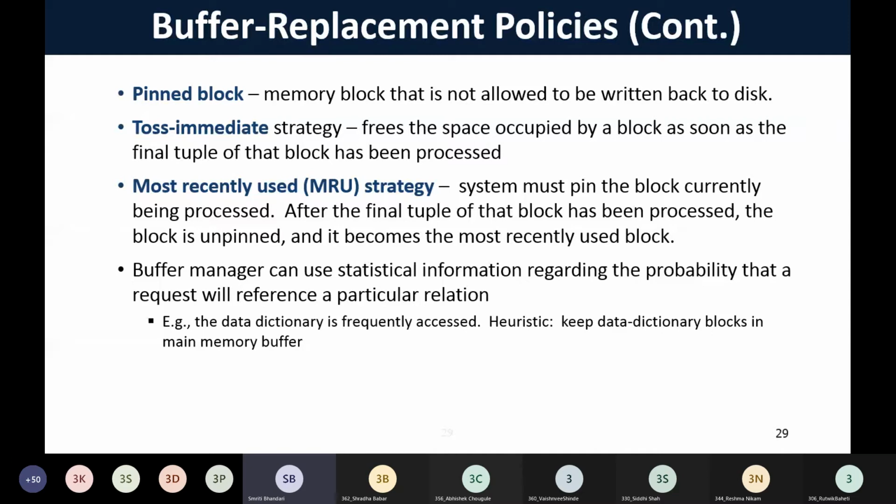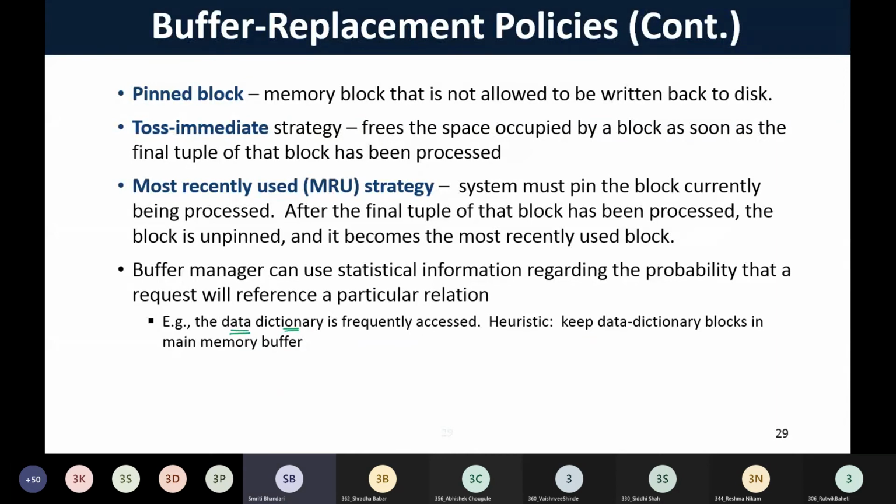Right? So that is the difference in the buffer replacement policies used by the operating system and by the database management system. The buffer manager may use some statistical information regarding the probability that a request will reference a particular relation. Say, for example, we know the concept of the data dictionary. The data dictionary is the database structure that is accessed frequently.